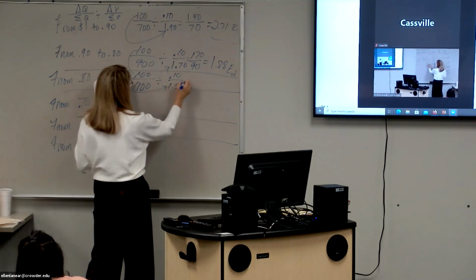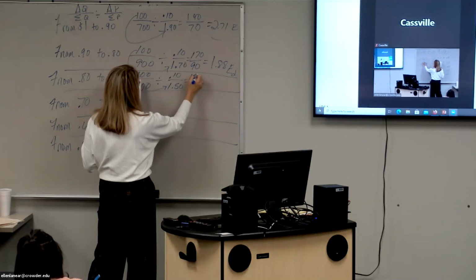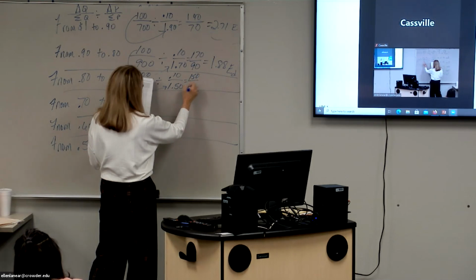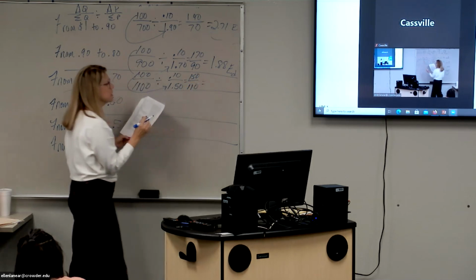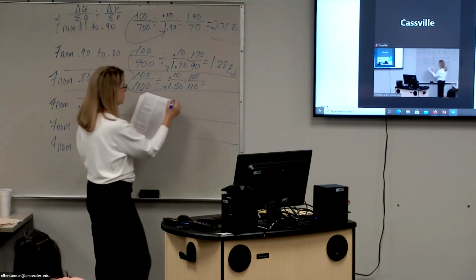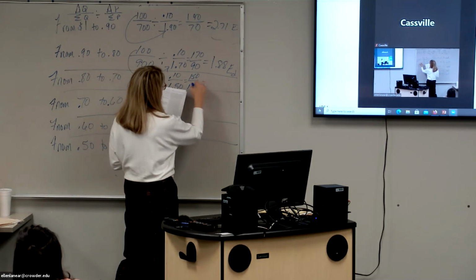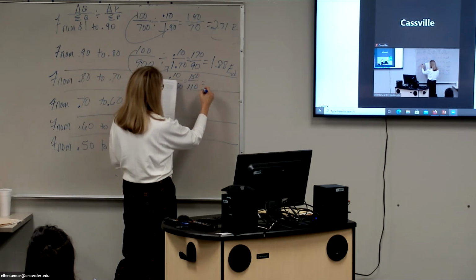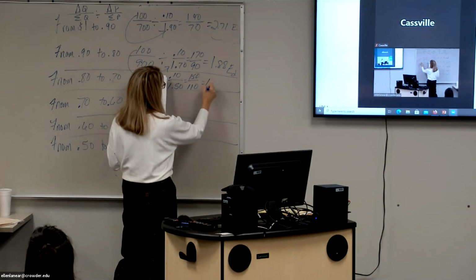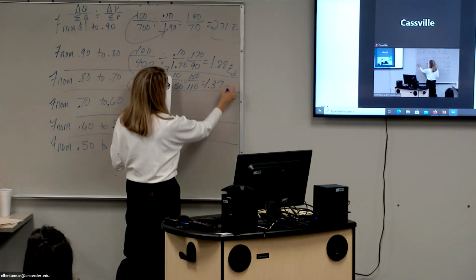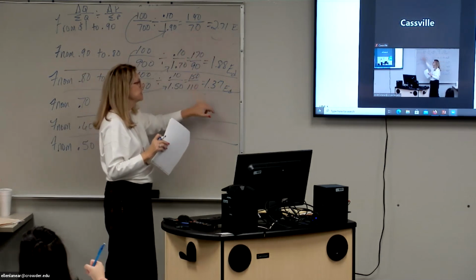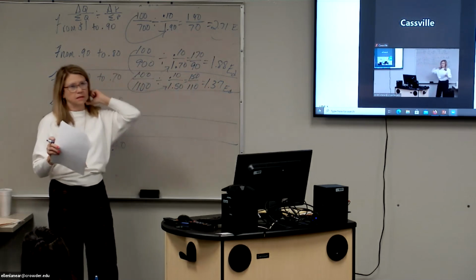Cross multiply and you end up with 150 divided by 110. This is still elastic, but not as much because the numerator is smaller. So 150 divided by 110 is 1.37 elasticity of demand. So 1.88 is much more elastic than 1.37.